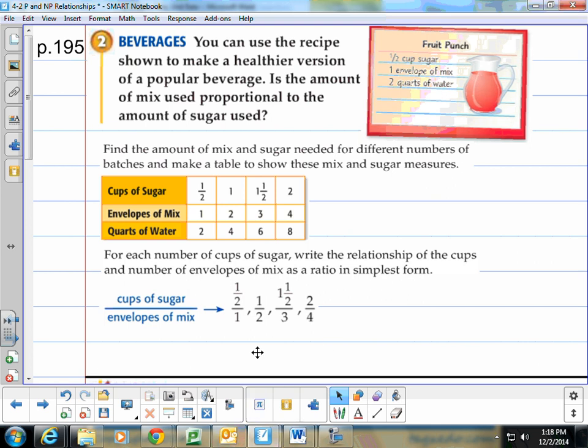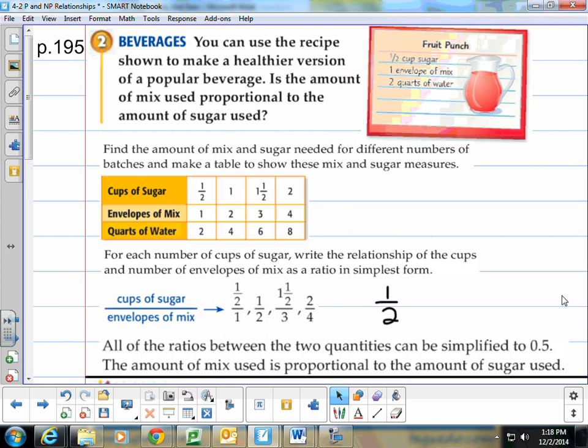What I notice about this is I know 1/2 is 1/2 of 1. I know 1 is half of 2. I know 1 and 1/2 is half of 3. 2 is half of 4. So I notice that all of these do simplify to being the numerator is half of the denominator.